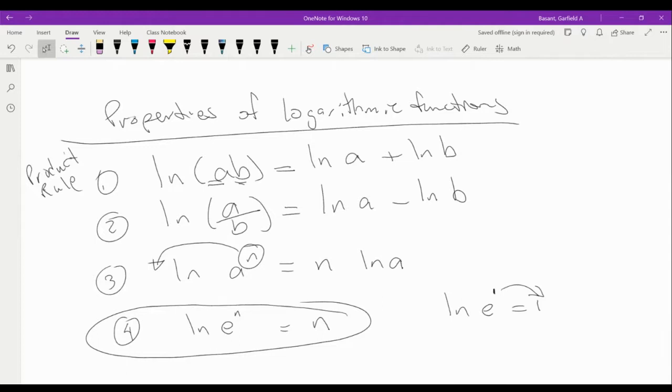It doesn't matter which log it is. It's the same thing as finding the individual logs and adding them. And the quotient rule, this is the quotient rule for logs, not for derivatives, right? It says if we take the logarithm of a quotient, it's the same thing as taking the individual logs and subtracting them.